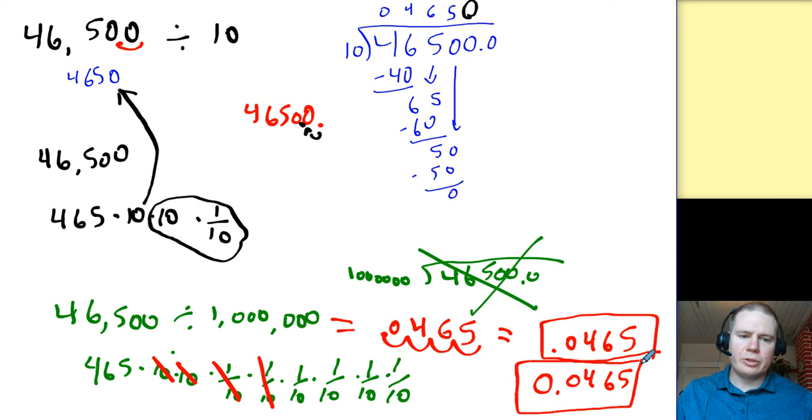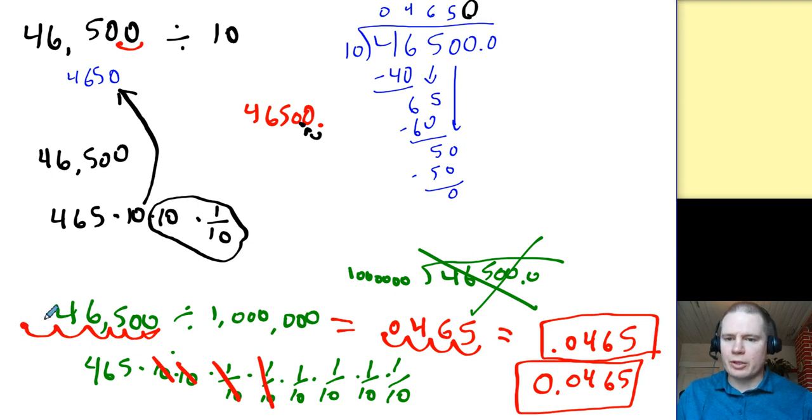Either version is acceptable. Now the shortcut for writing all of this and understanding all this place value stuff is to just say I'm dividing by 10 six times. 1, 2, 3, 4, 5, 6 times. I don't even have to write any of this work.